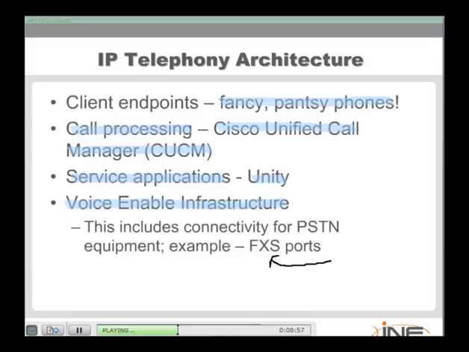This, by the way, has to be backwards compatible. And like we said, an FXS port is a great example of that, where we can plug in a traditional fax machine, or we can plug in a traditional old analog-based phone so that it can still work in this new and exciting voice over IP world.